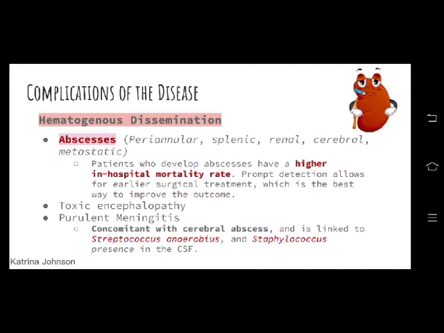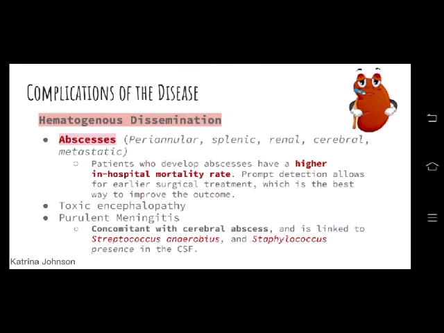Sometimes an intracerebral abscess can enter the subarachnoid cavity and cerebral ventricle and invade the meninges, which will cause purulent meningitis. Typically, if Streptococcus anaerobis, Staphylococcus species, or even mixed bacteria are found in the cerebrospinal fluid of our patient, it suggests that there was a ruptured intracerebral abscess, and thus in most cases there's probably purulent meningitis.